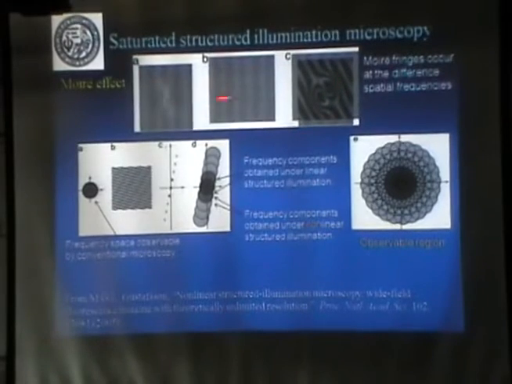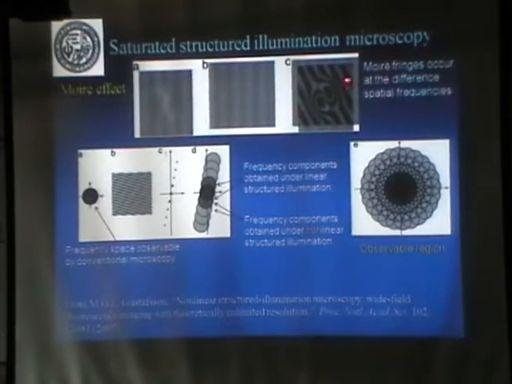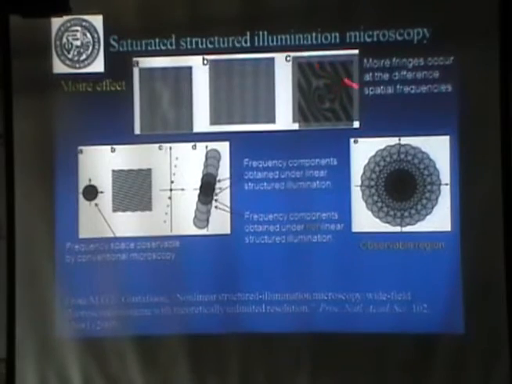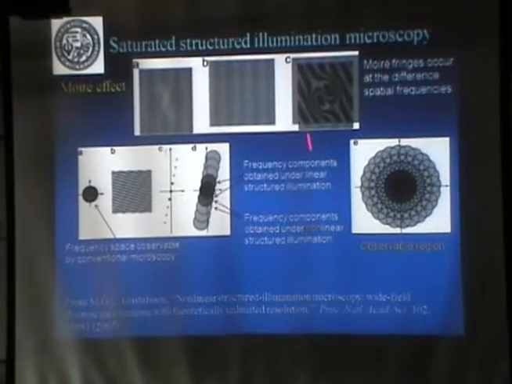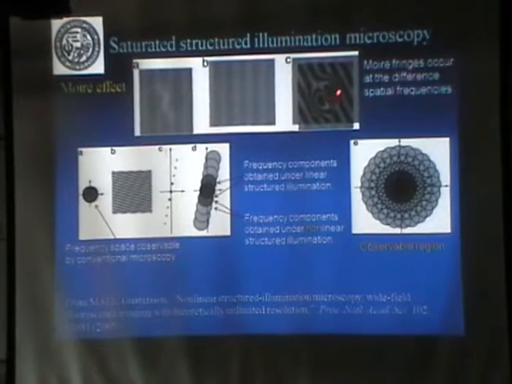And this Moire effect, what it does is, you see, you have high frequency, this is the grating. When you overlap these two, you see the same details here, but at lower frequency. Okay? You see lower frequencies. So by putting a grating, you bring down the frequencies.